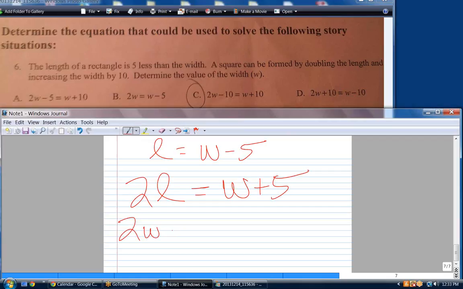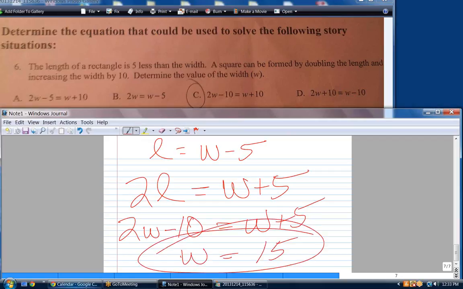In other words, by substitution. What did I do wrong? Okay, here's what I did wrong.